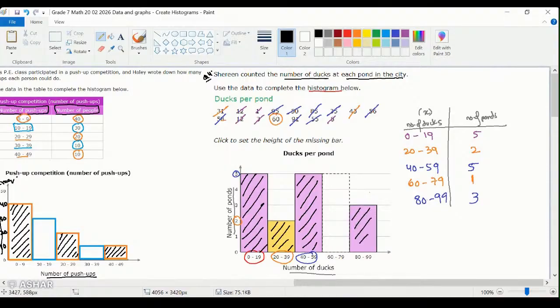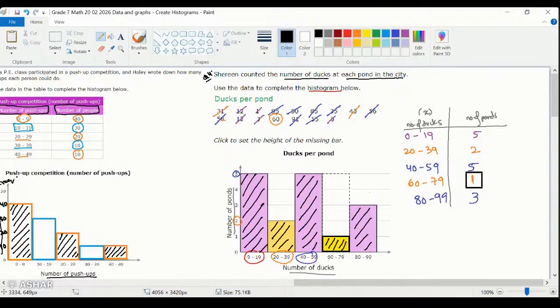What we are missing is the bar between 60 and 79, and we found out that it only had a single value, 1. So we make a bar over here with the height 1. Agreed. And let's shade this with yellow. That means this is our given bar, and we have completed the histogram.